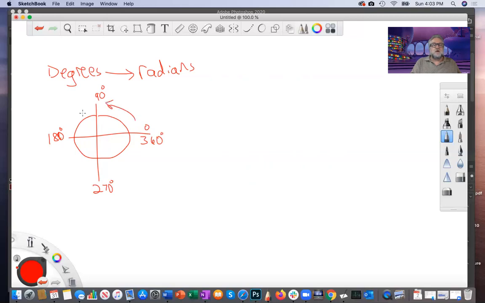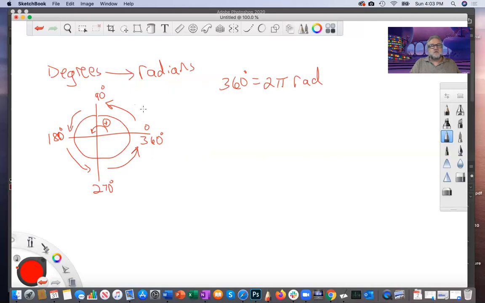This is going around the circle here in degrees. This is the standard direction to go around a circle. So this direction is always positive on a circle. But we can also represent this in radians. And on a circle, 360 degrees is equal to 2 pi radians.